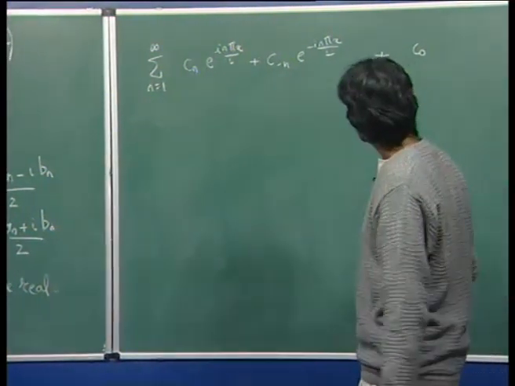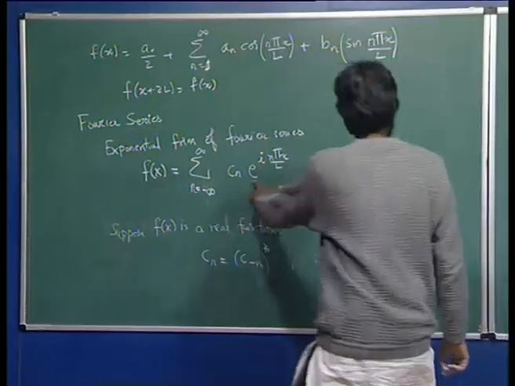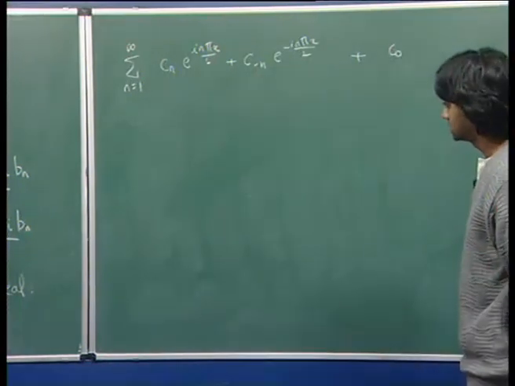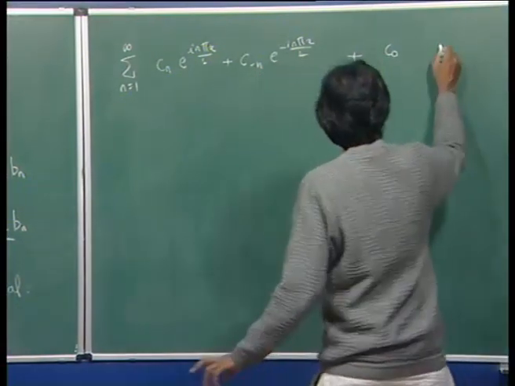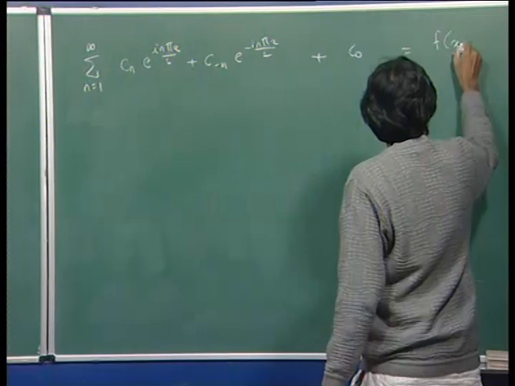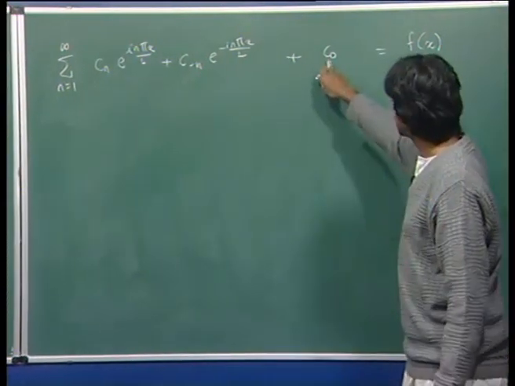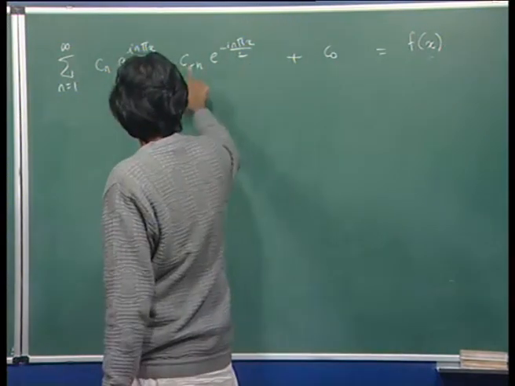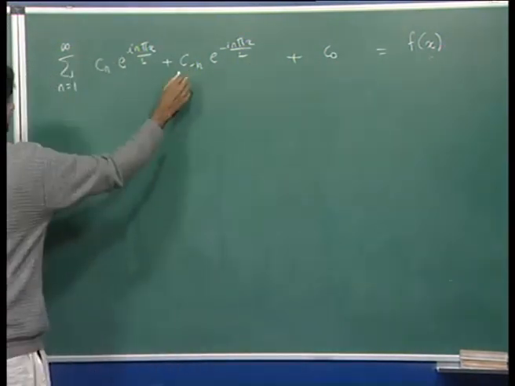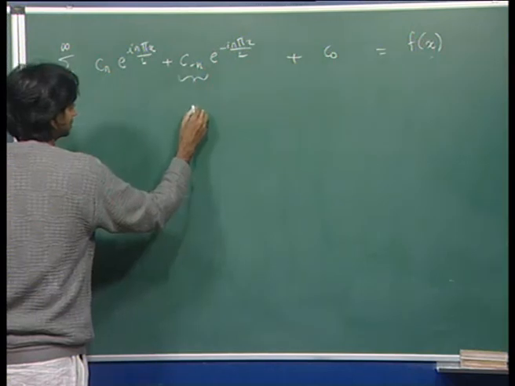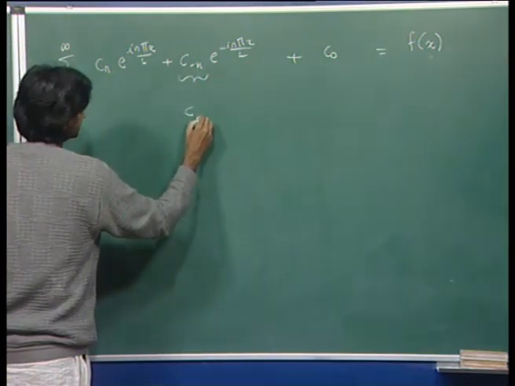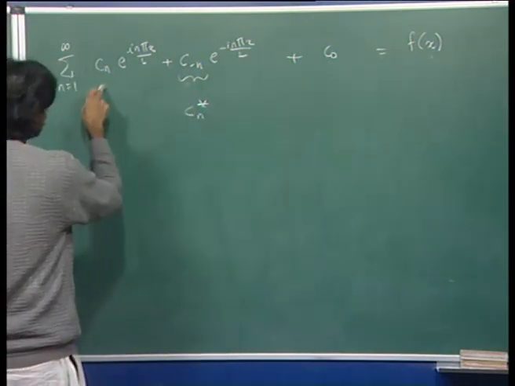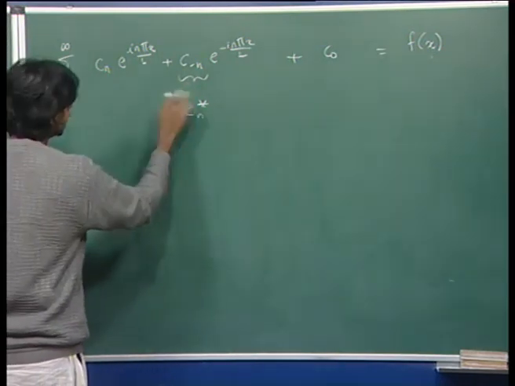So this series I write in this form, and this is equal to f of x. So, if f of x is real, we say that this has to be real, and then C n equal to C n star.